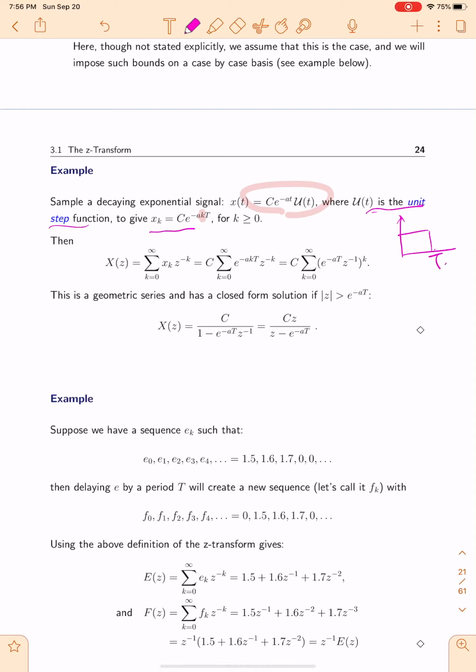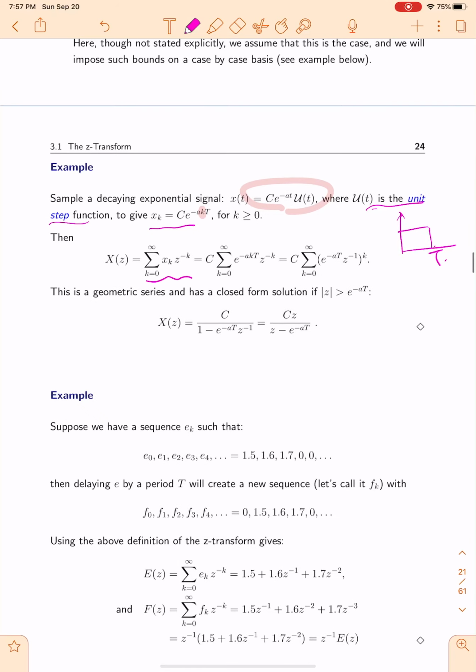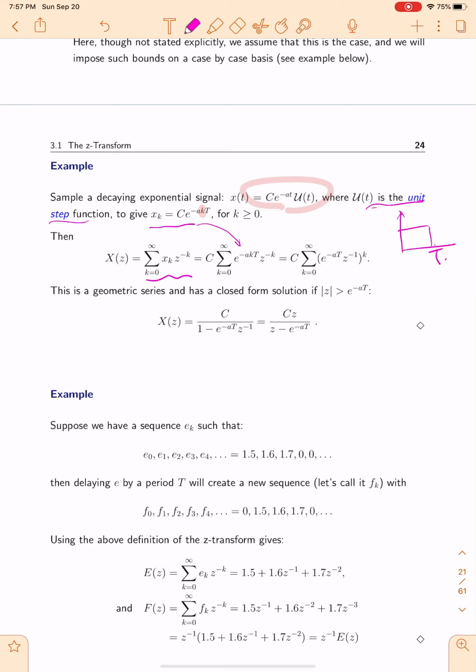So this is the T. And then X(z), that is the one after the Z transform, will use the standard equation where we can take the coefficient out and substitute in x_k.